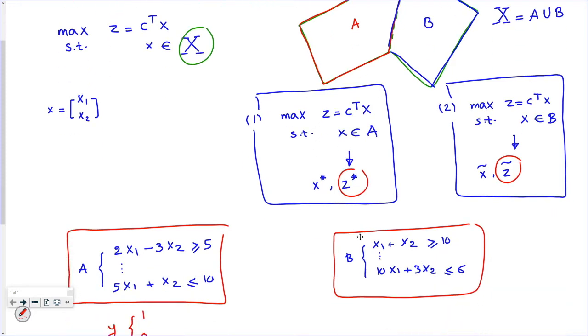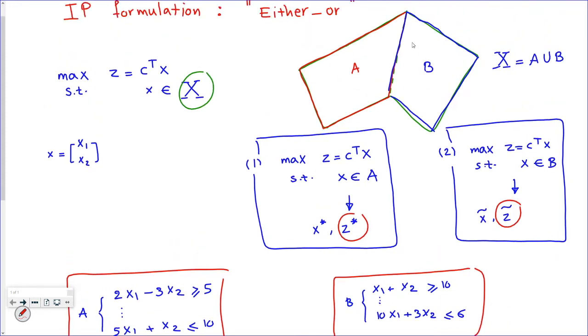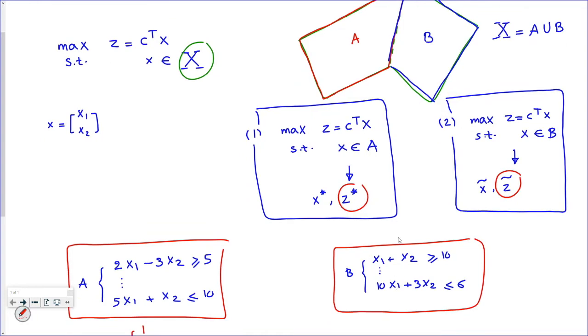The constraints in here define region B, and they act simultaneously. In fact, B is the intersection of the feasible half spaces defined by these constraints, and A is the intersection of the feasible half spaces defined by these constraints.